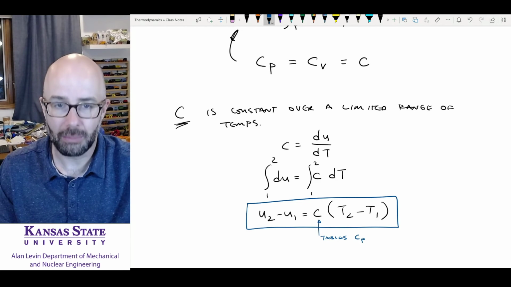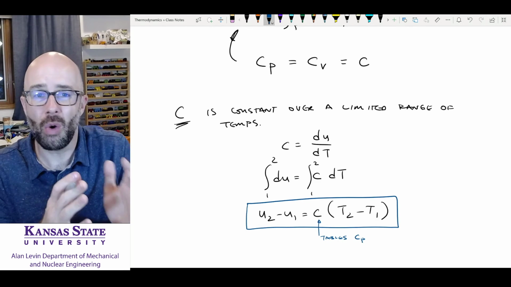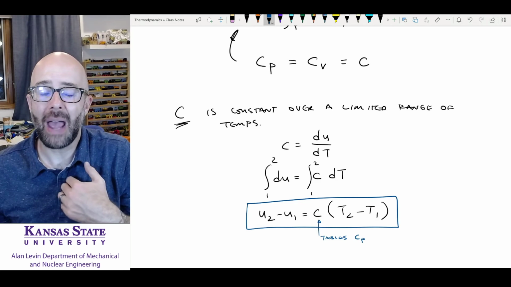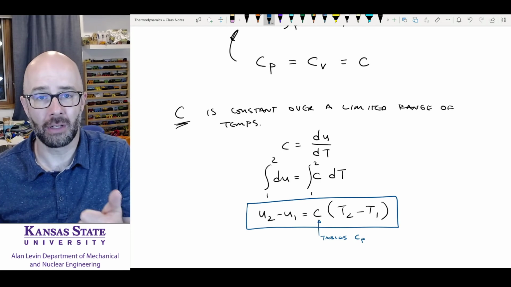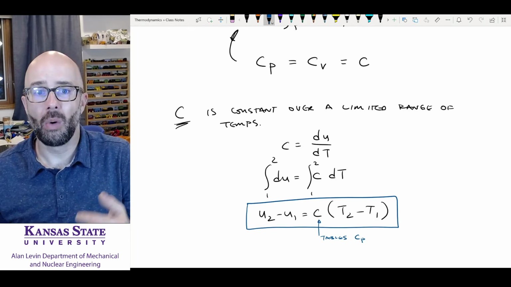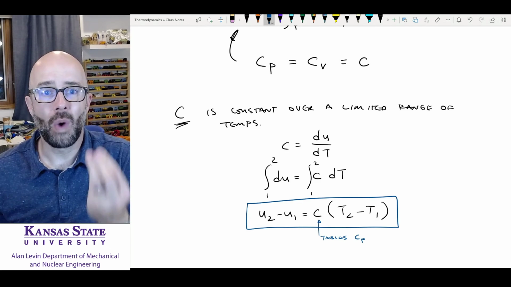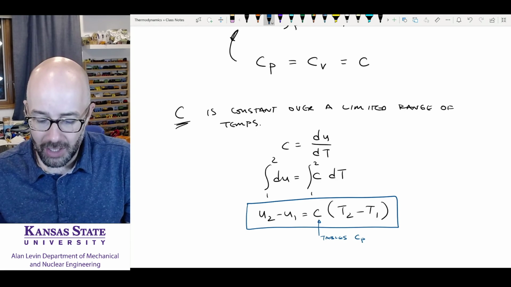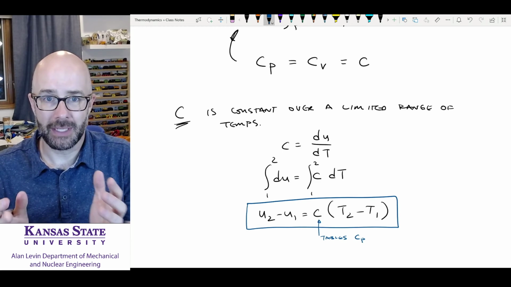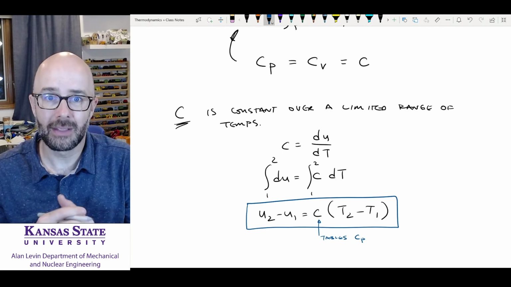So you're going to plug in C sub P here and say, hey, I don't know what the change of internal energy is. I don't have tables in the back of my book for iron or aluminum or copper. I can't look up the internal energies in these cases. What do I do? Well, I just look up the specific heat, take it times the delta T, and that approximates what the change of internal energy is.